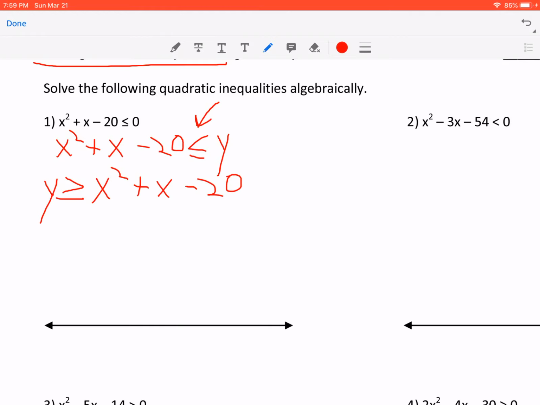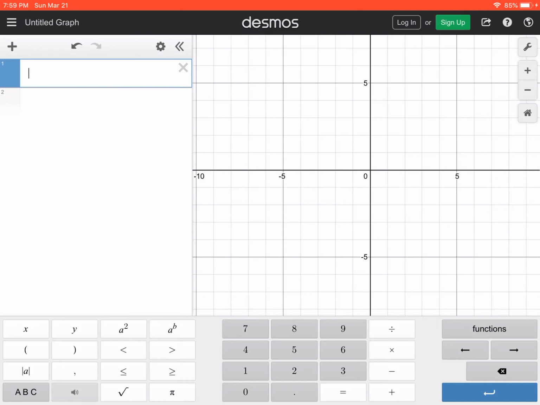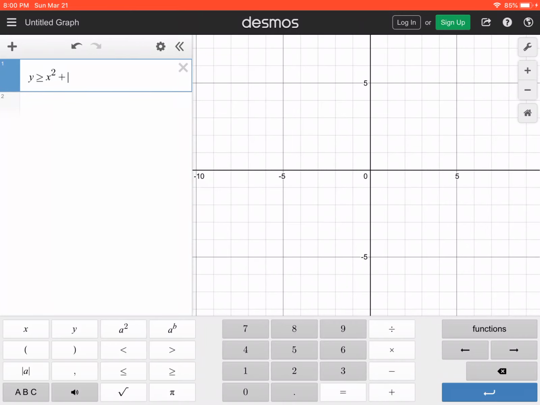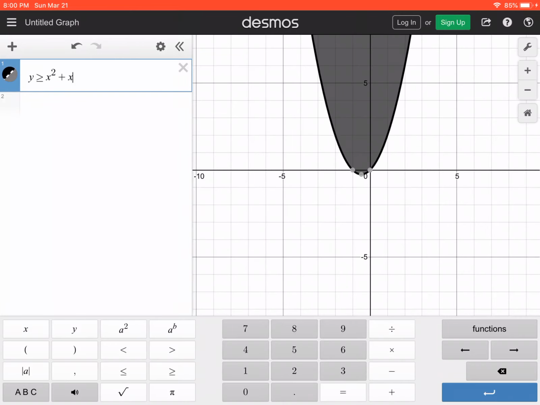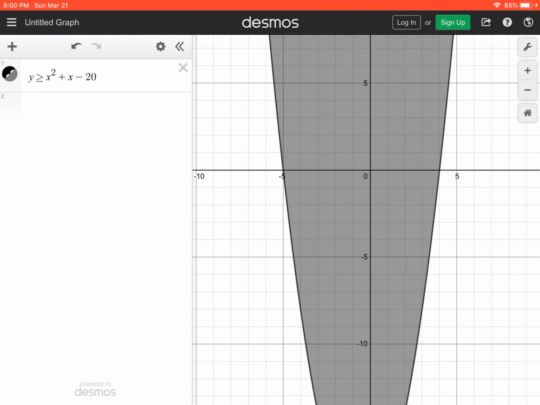All right? So I'm going to go to Desmos. I'm going to graph this real quick, and we're going to see what it looks like. And once you do a few of these, it's really pretty simple. Okay, so you need to type in y is greater than or equal to x squared plus x minus 20. Okay, where it's true is where it's shaded.